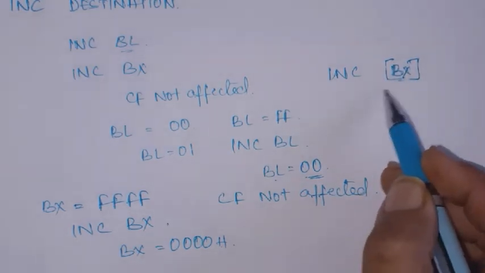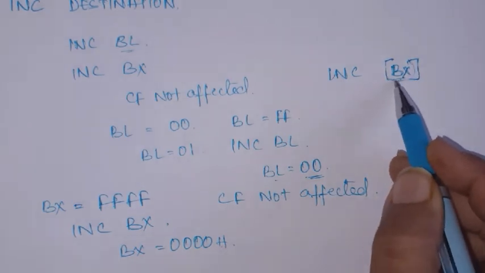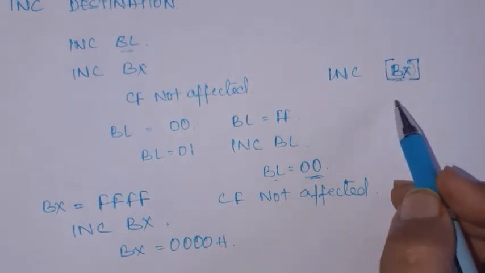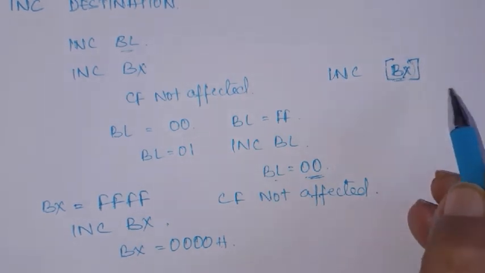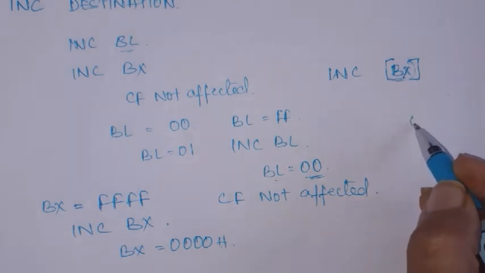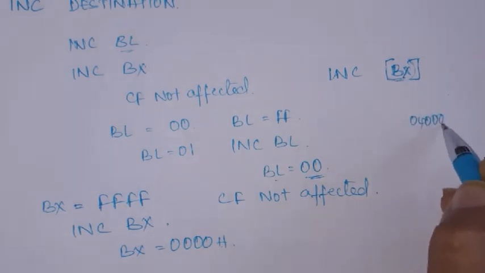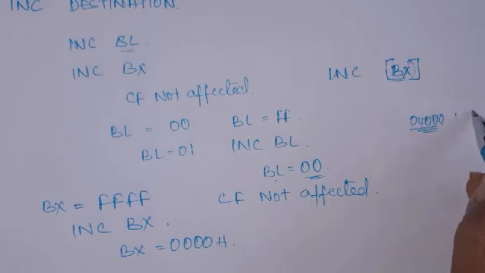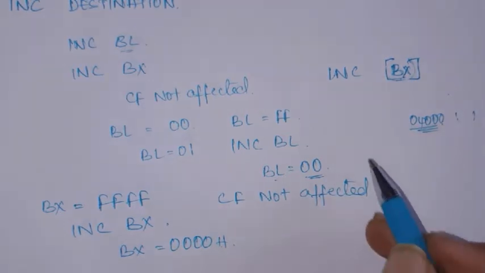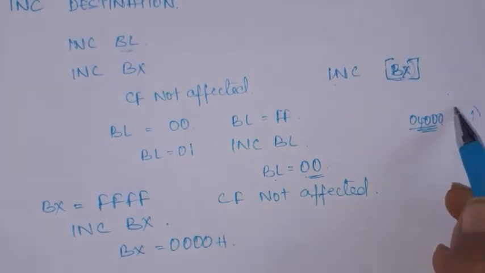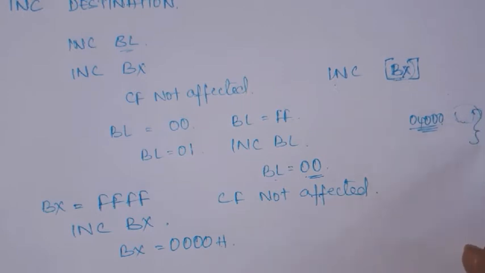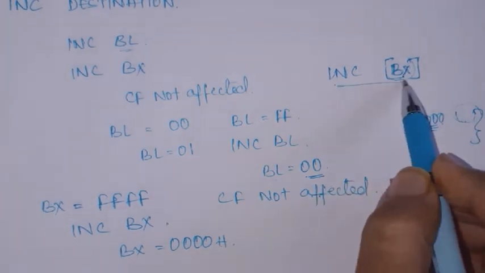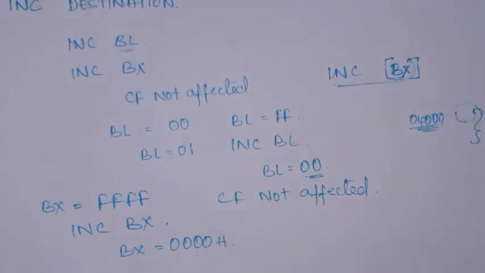Now the question arises whether it should be a 1 byte increment. If BX is pointing to some location, you have a byte here. So whether you have to increment 1 byte or 2 bytes, a word increment or byte increment, you should specify in the instruction, isn't it?